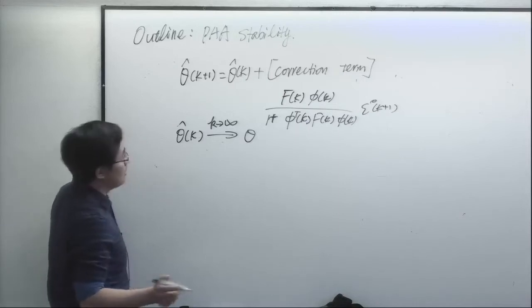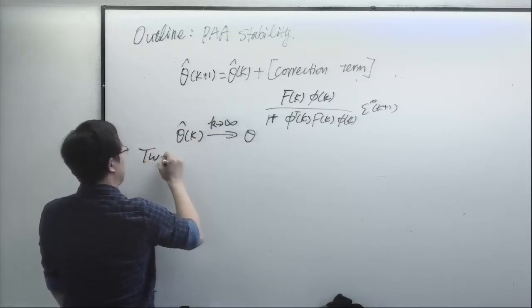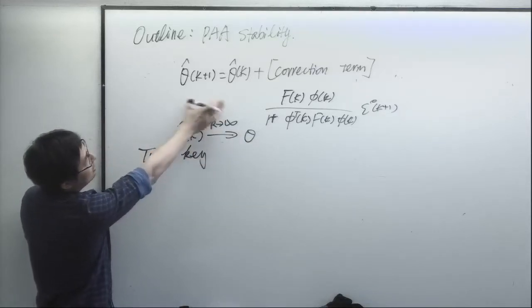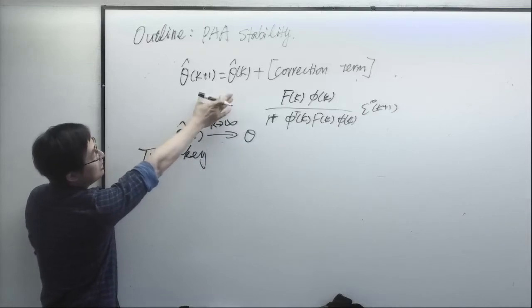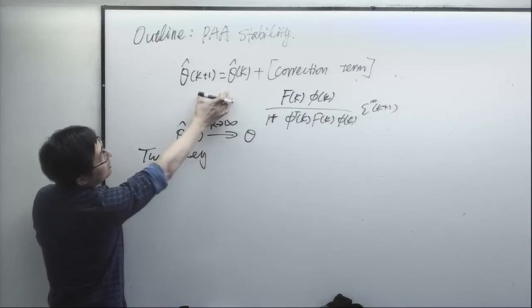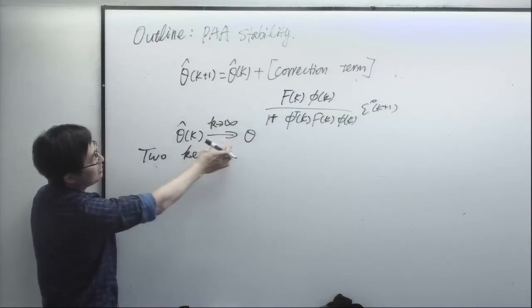And there are two things here, actually. There is the concept of stability, the concept that this does not blow up. And then there's another concept, convergence. We want it to not only not blow up, but also we want the parameter to go to the true value.